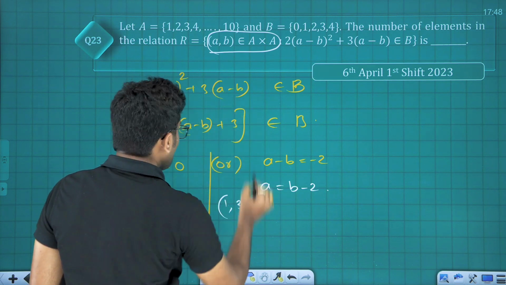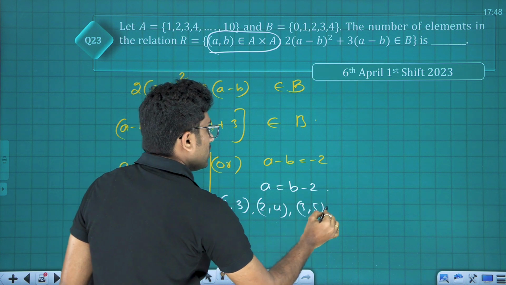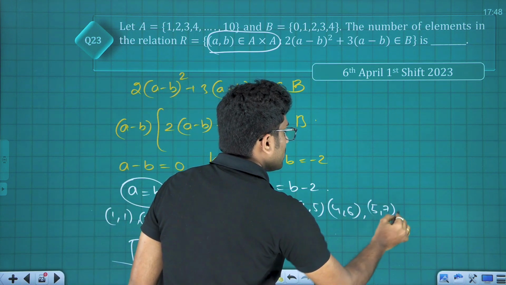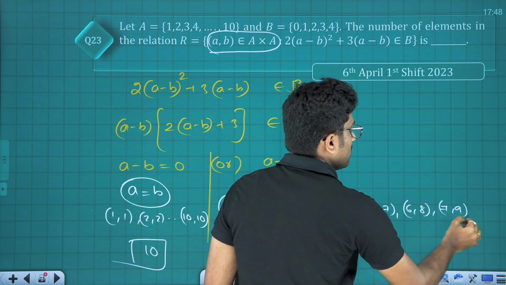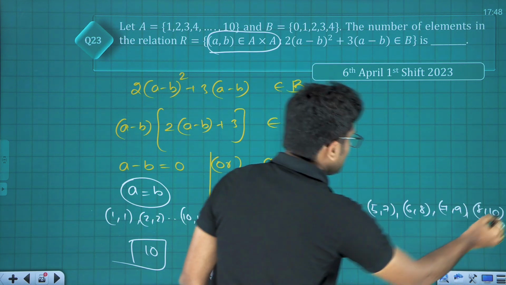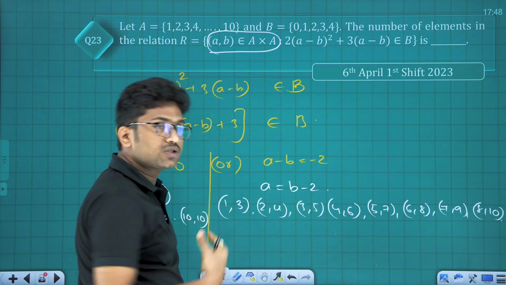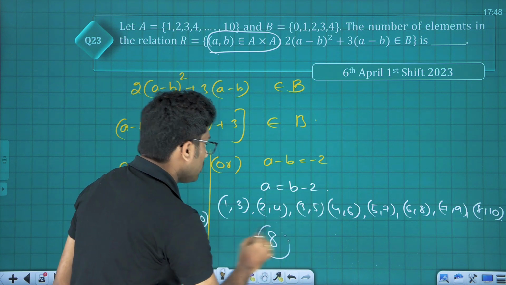Or 2 4, 3 5, 4 6, 5 7, 6 8, 7 9, 8 10. See, second element minus 2 should be equal to the first element. So in this case 1, 2, 3, 4, 5, 6, 7, 8, eight ordered pairs we got.